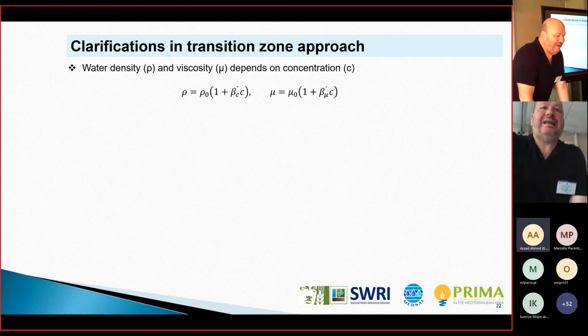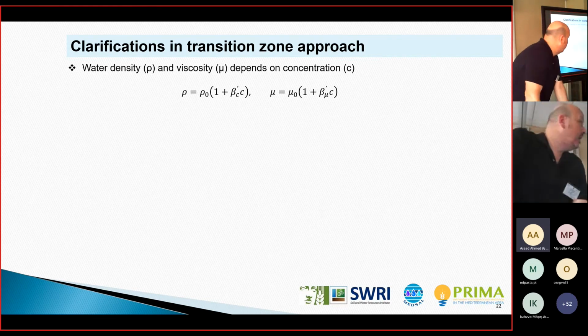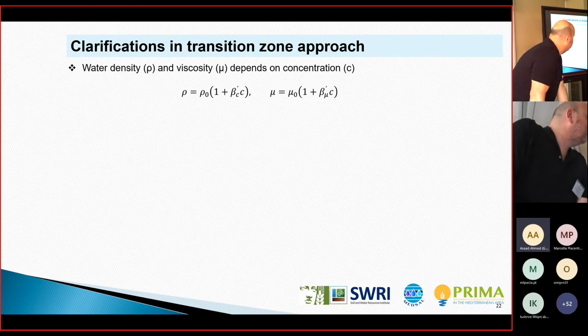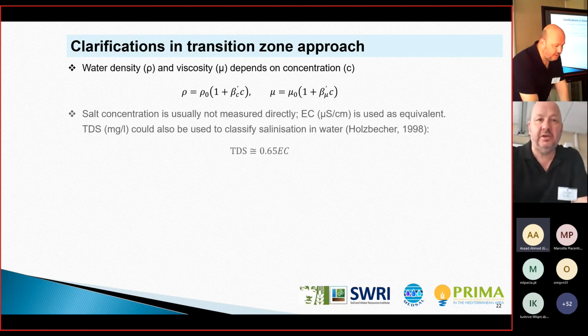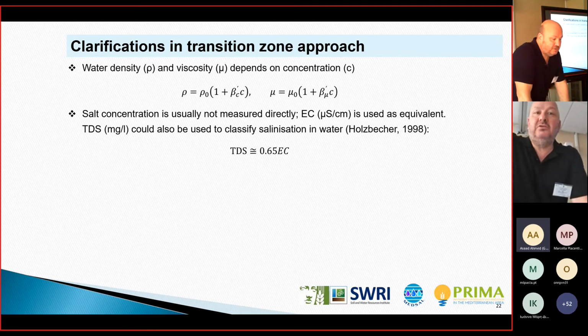Some additional clarification in the transition zone approach that we should have in mind is that the water density and the viscosity depend on concentration, but we can easily take them from these two simple constitutive equations. Also, the salt concentration is usually not measured directly, as you probably know, and we use electrical conductivity as an equivalent instead.